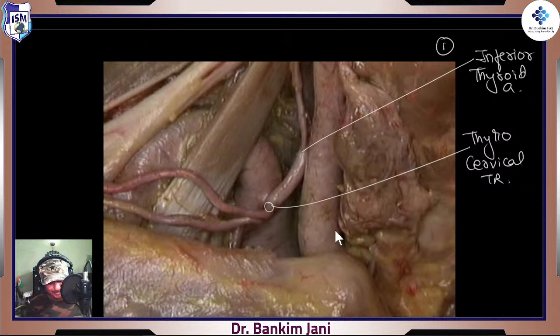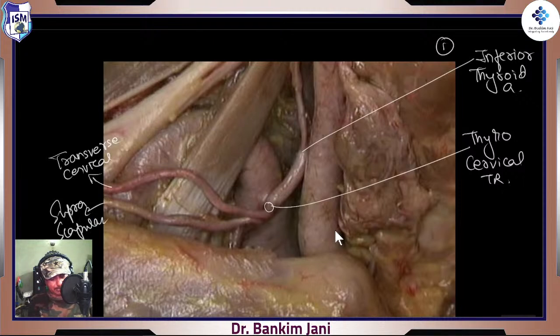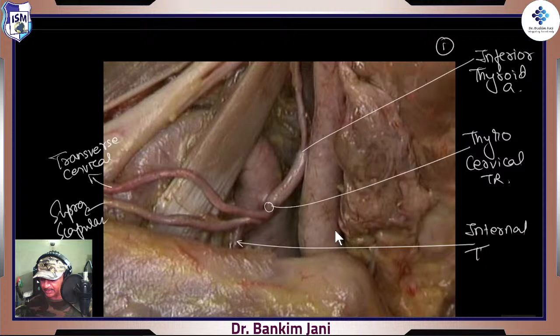And then these two, this is the transverse cervical, right? And the suprascapular, right? And one which is going down, this one, that is the internal thoracic, right? Internal thoracic.